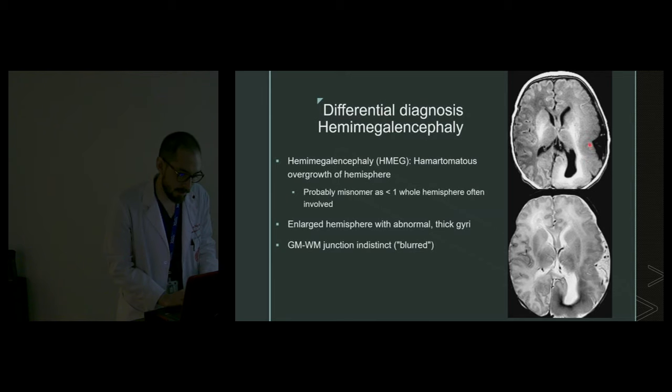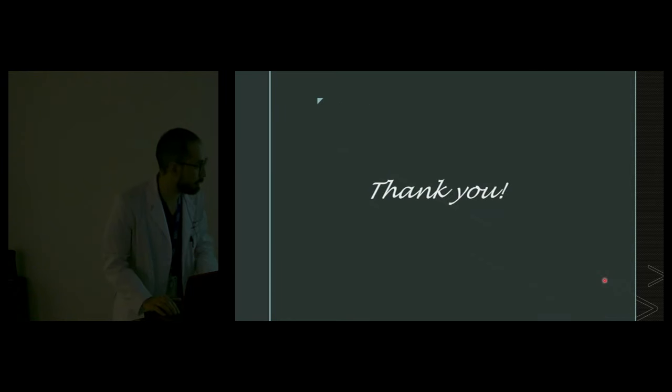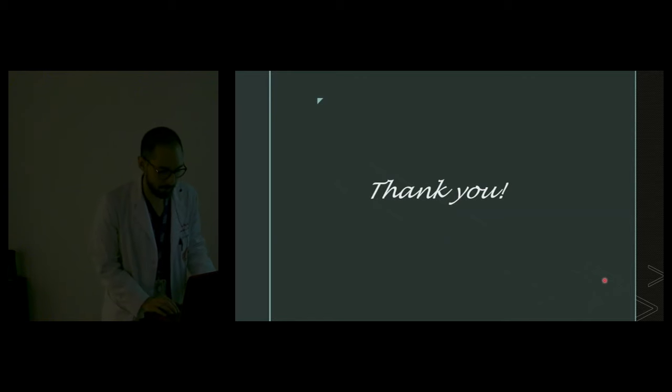As well, we can see shallow sulci and a large subarachnoid space. On this T2, we can see the same features. Also, we can see some cortical dysplastic veins, which are characteristic of this disease, and that will be all. Thank you.